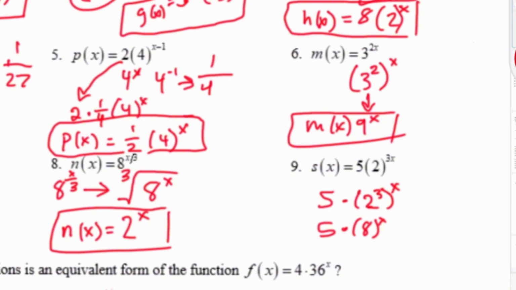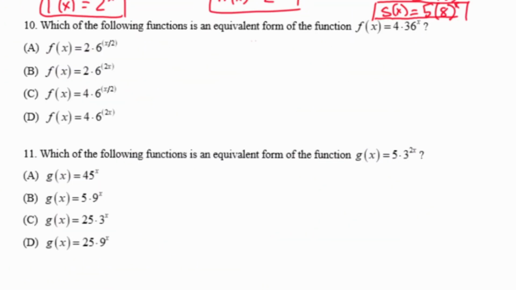It can't be multiplied by 8 because 8 is being raised to the power of x, which should be done before multiplying 5. And so we cannot do that. So the answer would just be 5 times 8 to the power of x. That is our answer.